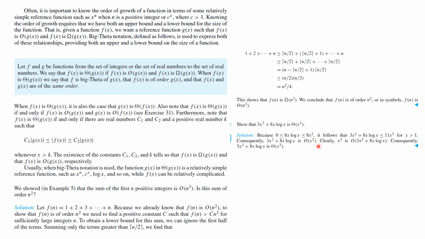Consequently, this entire expression is big O of x squared. And clearly x squared is big O of this because you're adding more positive numbers to it. So consequently, this is theta, the same order as x squared.